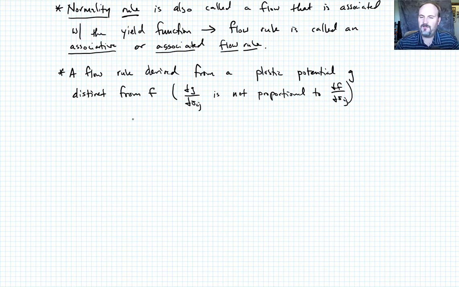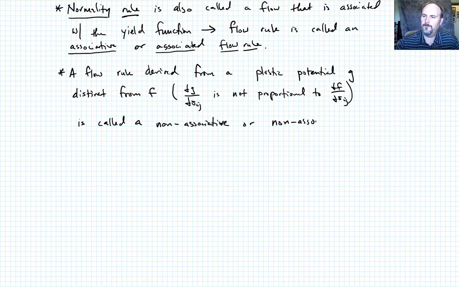If I have a flow rule derived from a plastic potential G that's distinct from F, which means that the gradient of G is not proportional to the gradient of F, it is called a non-associative or non-associated flow rule.